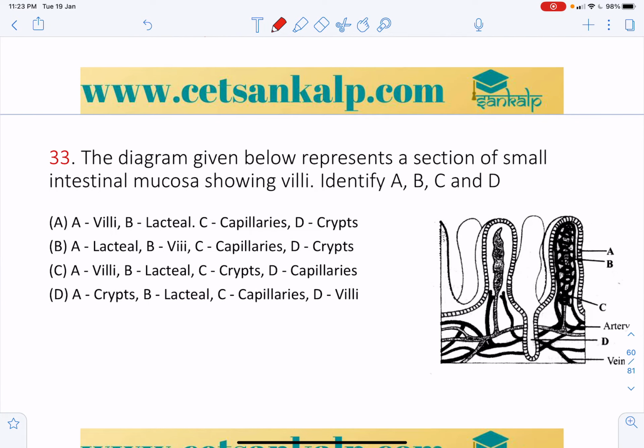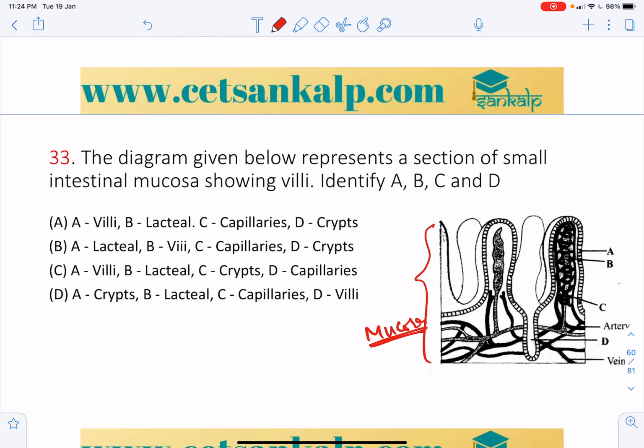the diagram given below represents the sectional view of the epithelium, mainly the villi, along with the mucosal layer. It is the sectional view of the mucosa, the innermost layer of the small intestine.